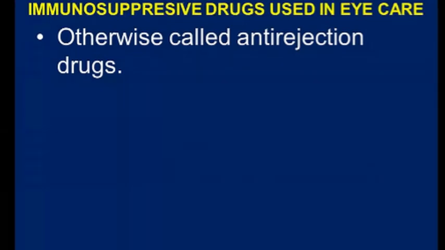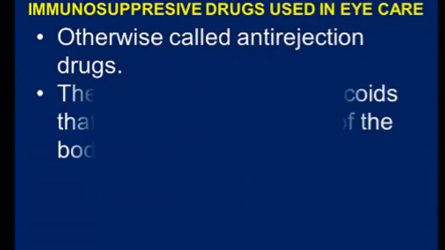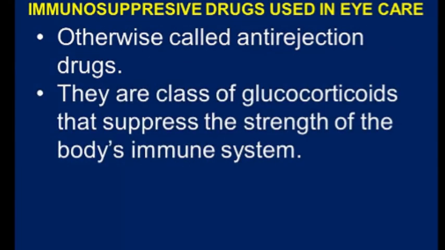Because when you do this transplant, there is a high immunologic response by the body. In this immunologic response the body is trying to reject the transplant. The body sees that transplanted tissue as a foreign body, so it's trying to reject it. So these immunosuppressive drugs are called anti-rejection drugs. They are given to suppress the inflammation as a result of this immunologic response.